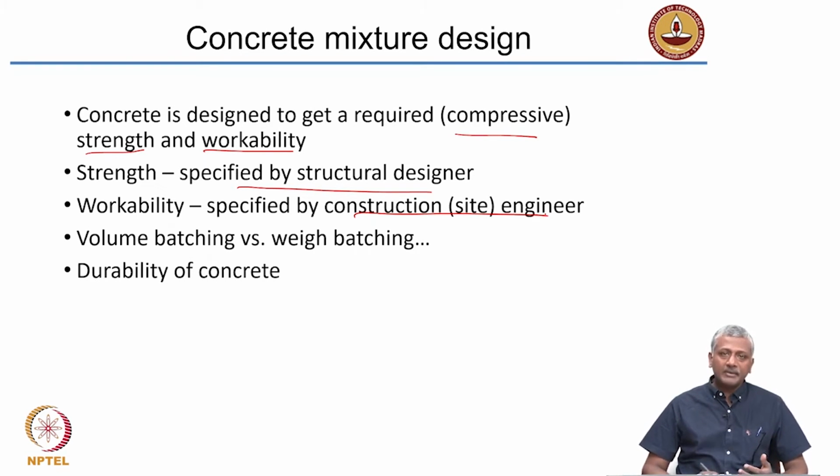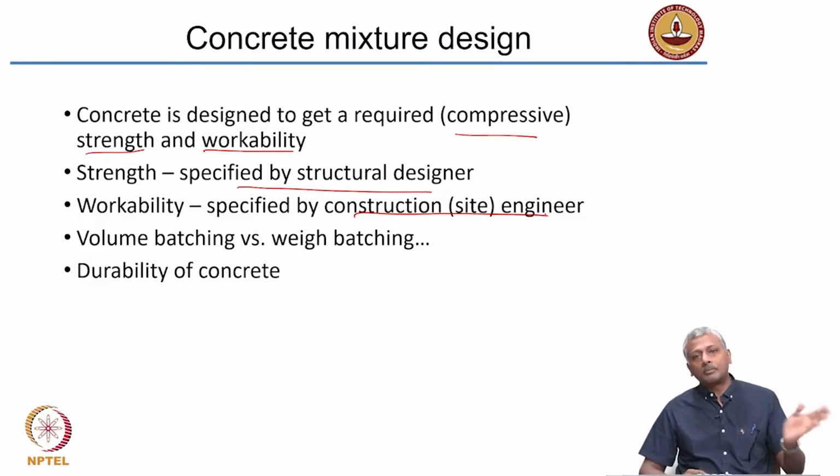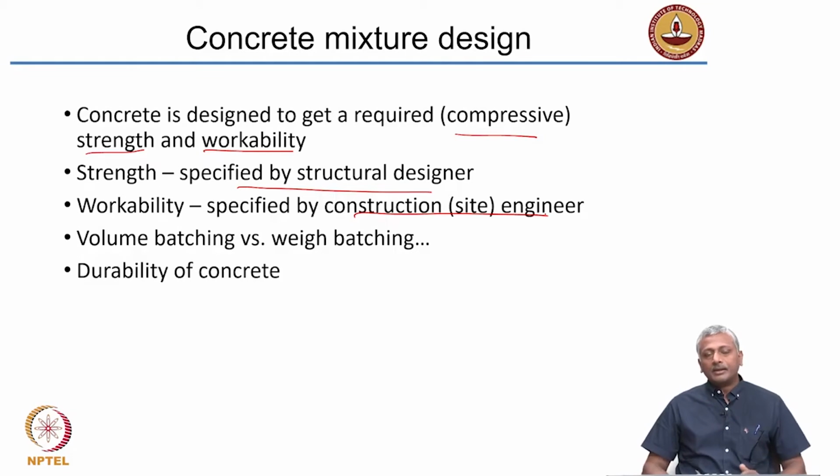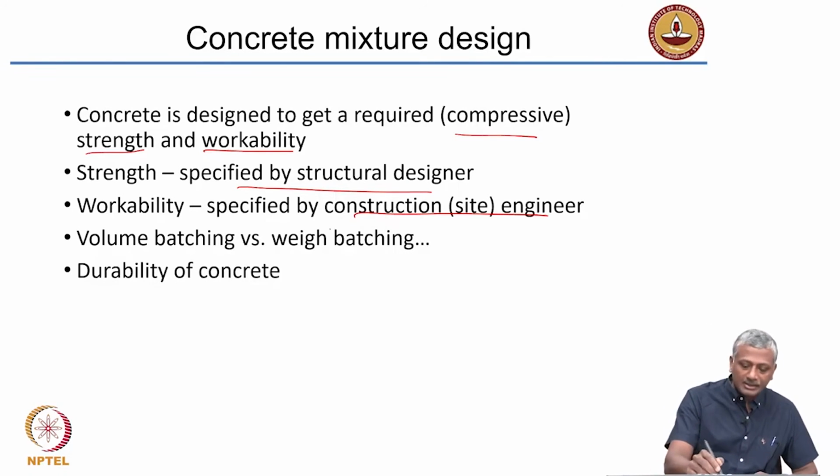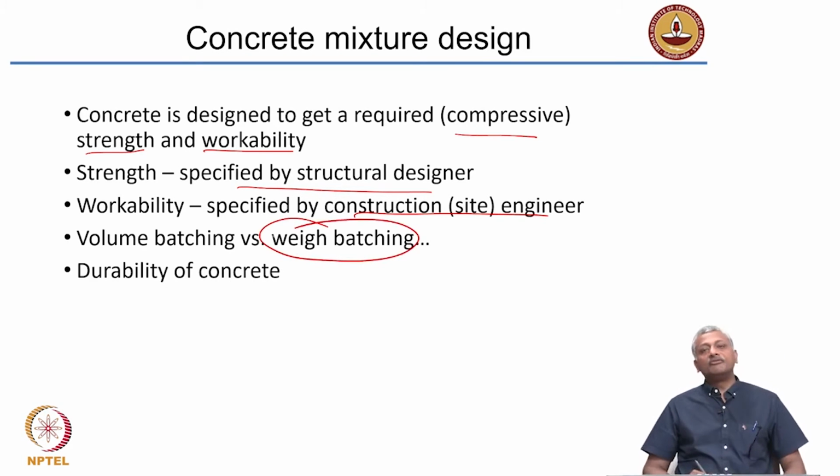Now, concrete can be mixed by batching the constituents, or measuring the constituents, either by volume or by weight. In all controlled concrete operations, it is better to go only with weigh batching.